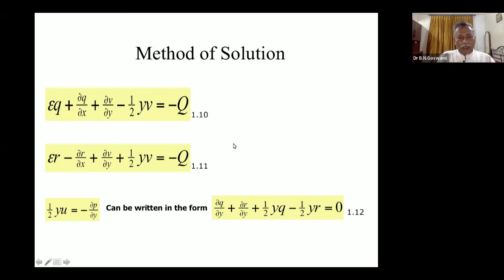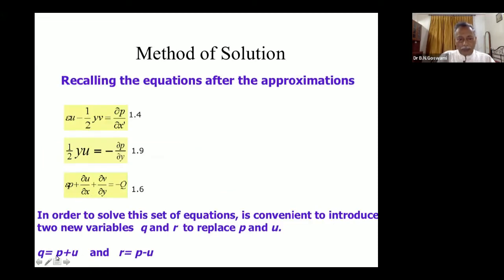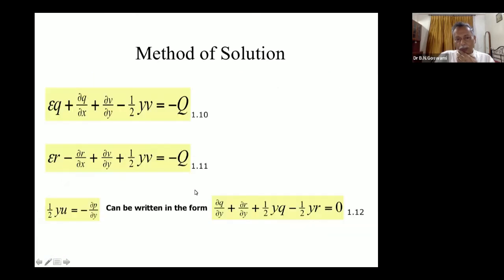So instead of P and U and V, we have P, Q, and R. P and U are written in terms of Q and R. The Q and R are related to pressure, geopotential, and zonal wind. So the equations become, instead of U and P, equations in Q and R.